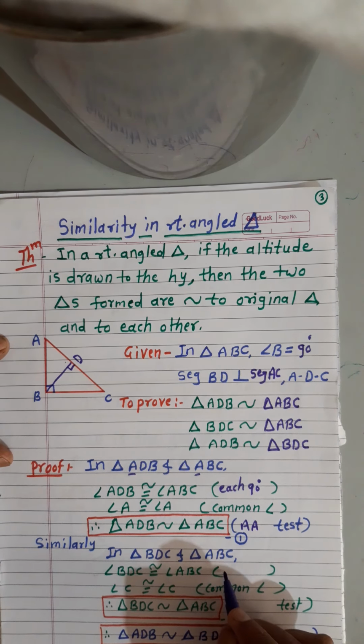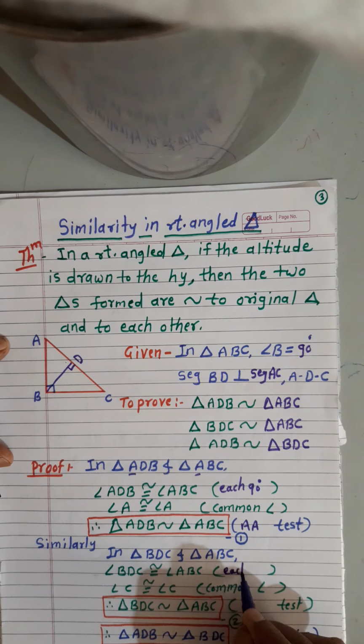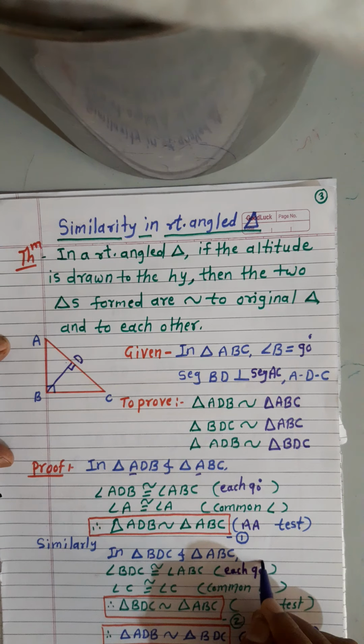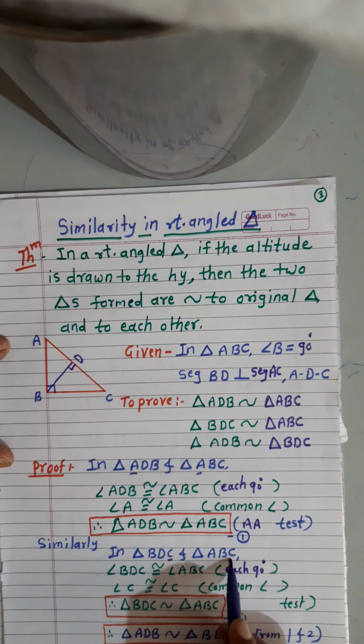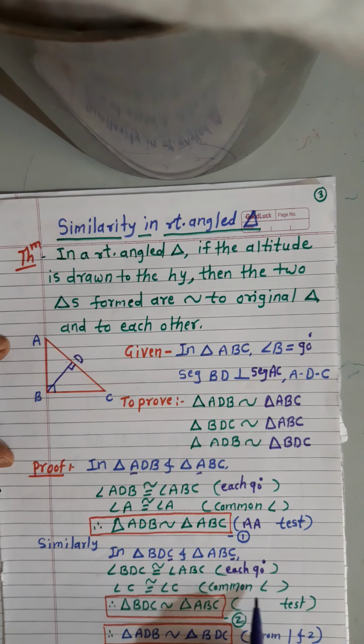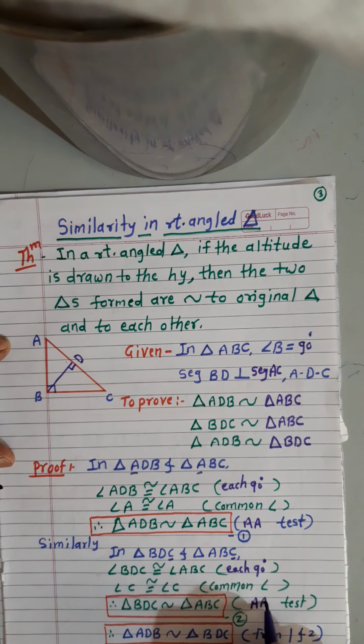Why? The measure of each angle is 90 degrees. And angle C is congruent to angle C. Why? It is a common angle. Therefore, triangle BDC is similar to triangle ABC by which test? AA test. This is our equation 2.